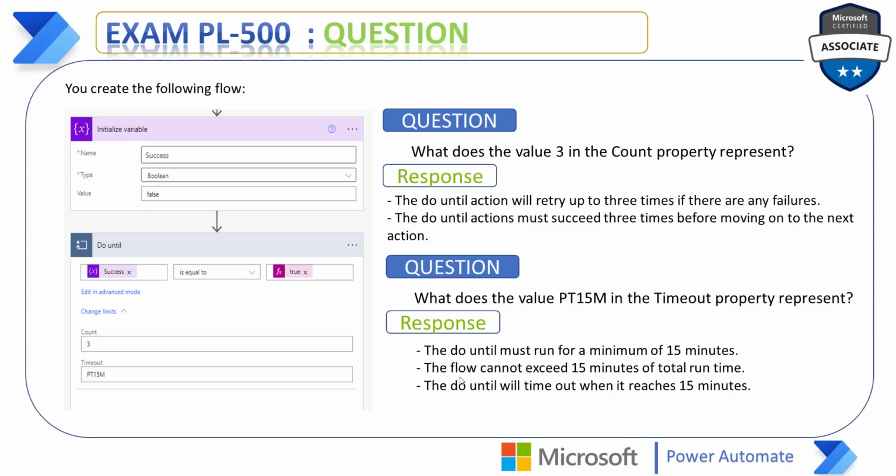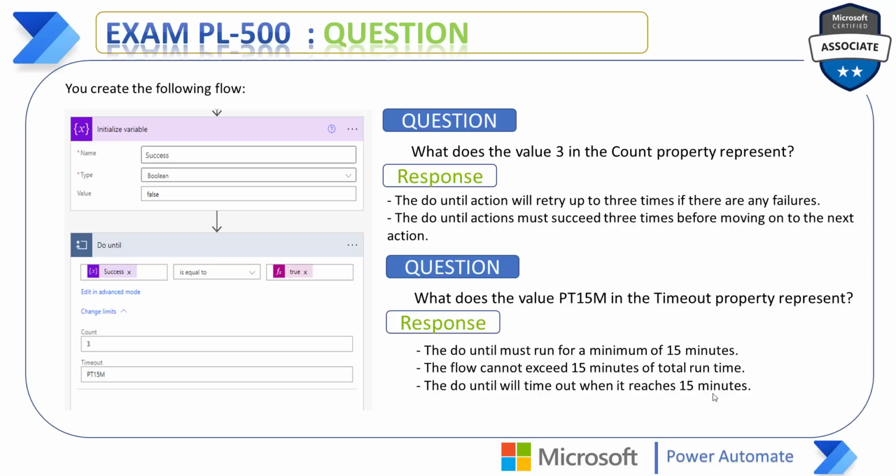The second: the flow cannot exceed 15 minutes of total runtime. No, we have given the 15 minute property only for the Do until action, so the second response is also wrong. The third: the Do until will time out when it reaches 15 minutes. Yes, correct. We have given the timeout as 15 minutes, and when it reaches 15 minutes, it will time out.